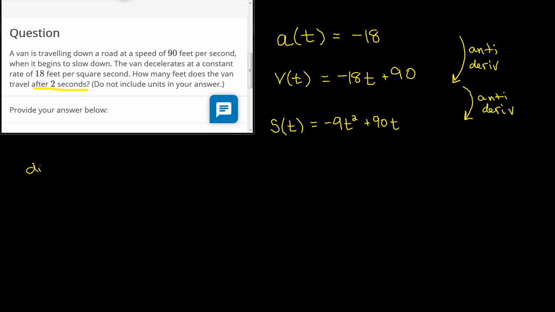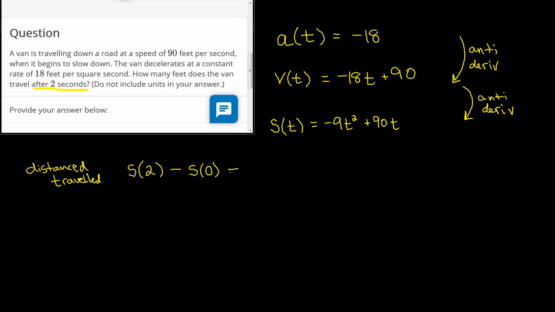So the distance traveled is going to be where the van is after 2 seconds minus where the van was at 0 seconds, right? It's like where the van ended up minus where the van started.